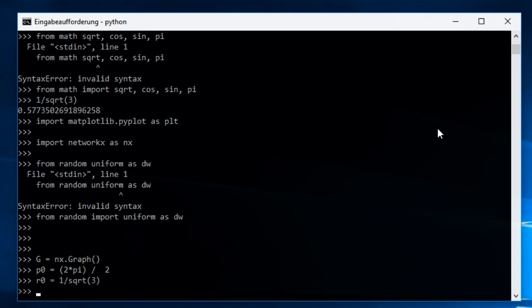So for that sake, I will use the index on each of the 4 rings, right? I will denote this index on the ring by k, and I will denote the index for the ring by n.